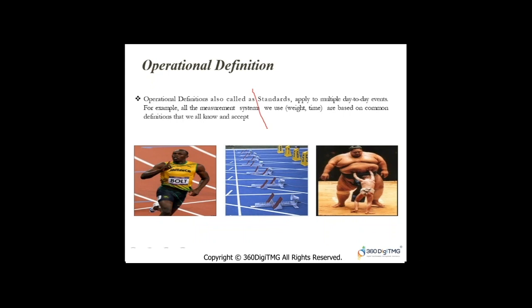According to the International Association of Athletics Federations, these are the rules which are set. They are extremely important operational definitions. Look at this. If I'm weighing someone, if I'm trying to take the weight readings, and suppose I have said that this person weighs 150, and this person also weighs 150, but accidentally I measured one person's weight in kgs, I forgot this, and I measured the other person's weight in pounds.